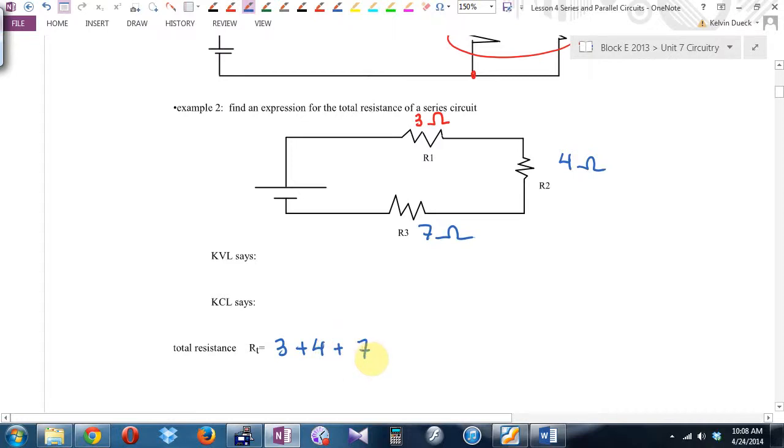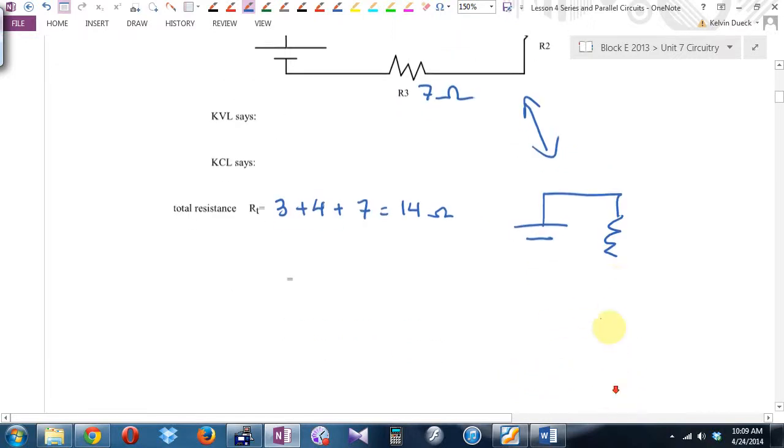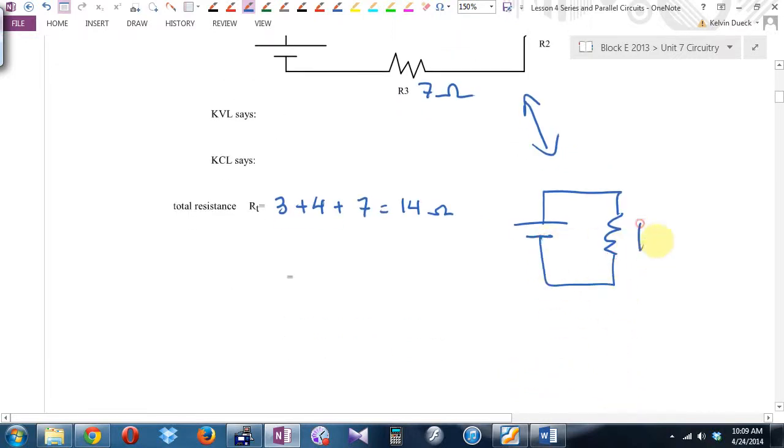That you can do in your head. 14 ohms. In other words, these two circuits are mathematically equivalent. The real circuit and this virtual circuit that has a voltage and a single 14 ohm resistor, those are mathematically the same.